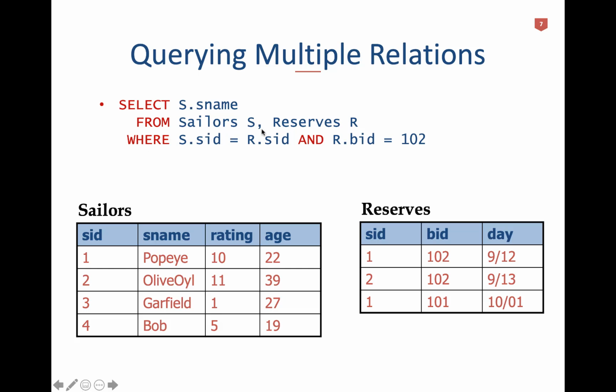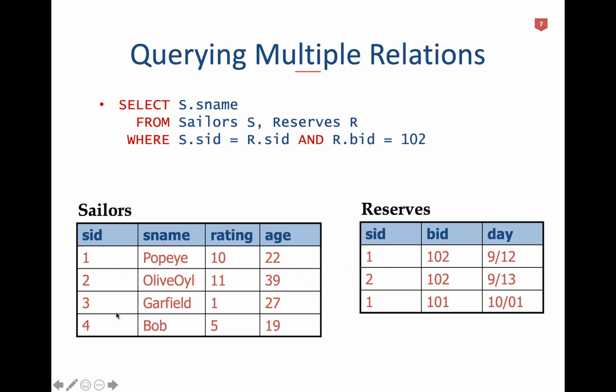We have talked about this earlier in the section on relational algebra. When you select from two tables, what actually happens is that there will be a cross product of the two tables, in that each row in one table is combined with all the rows of the other table.